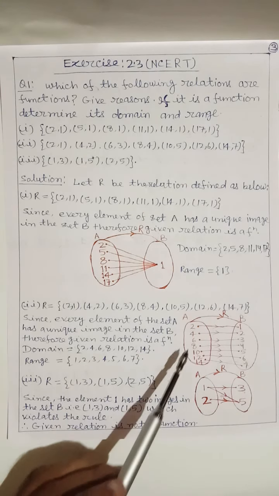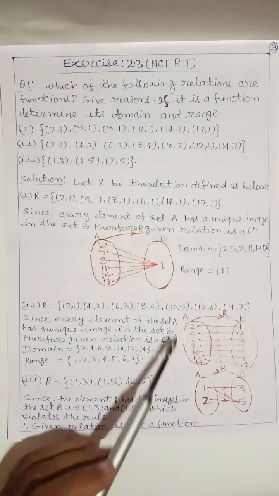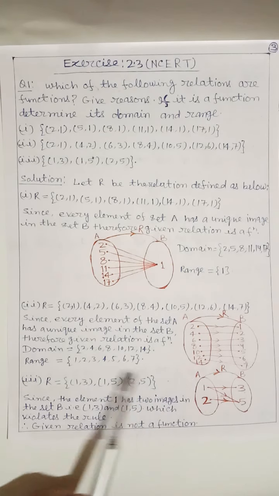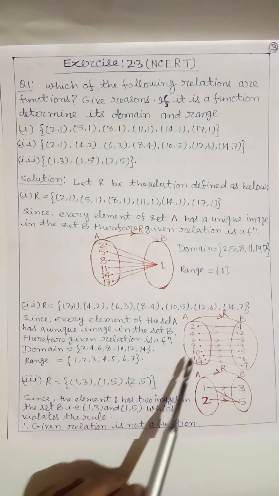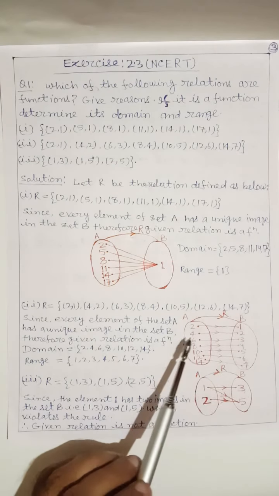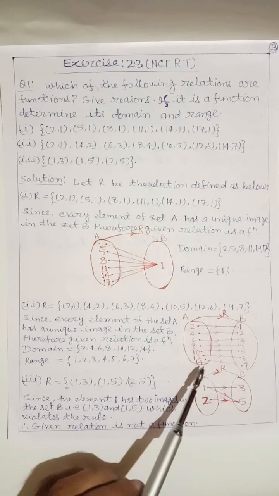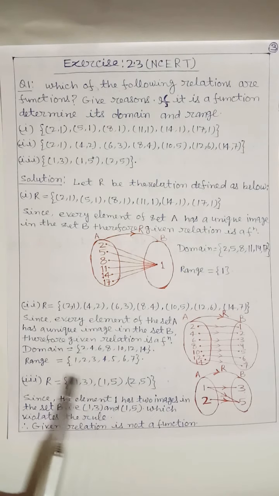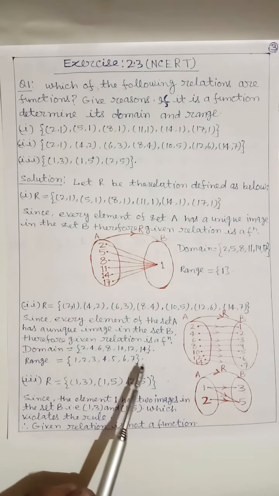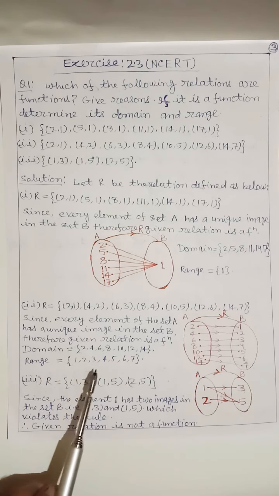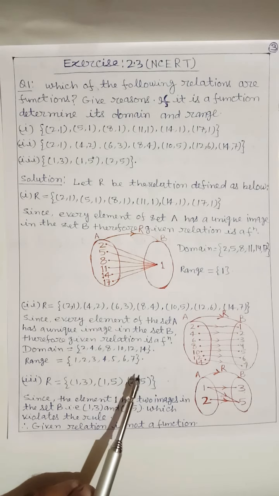Domain, here that is the set of elements of A: 2, 4, 6, 8, 10, 12, 14, and range, that is the set of elements of set B which are the images of set A, that is 1, 2, 3, 4, 5, 6, 7. So domain is equal to {2, 4, 6, 8, 10, 12, 14} and range equal to {1, 2, 3, 4, 5, 6, 7}.